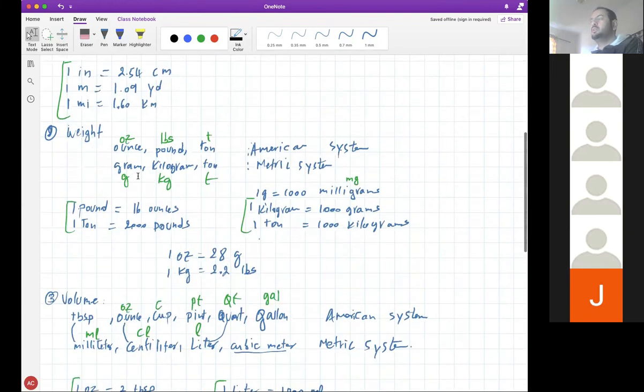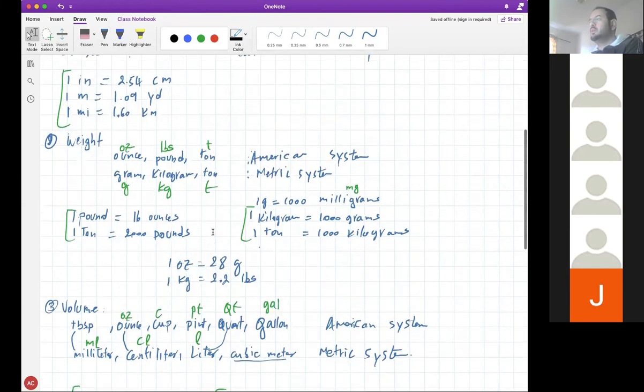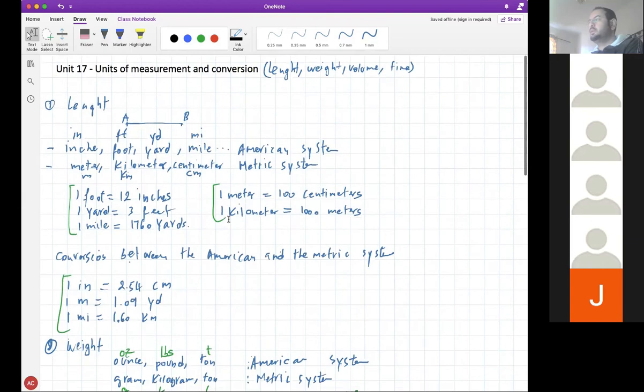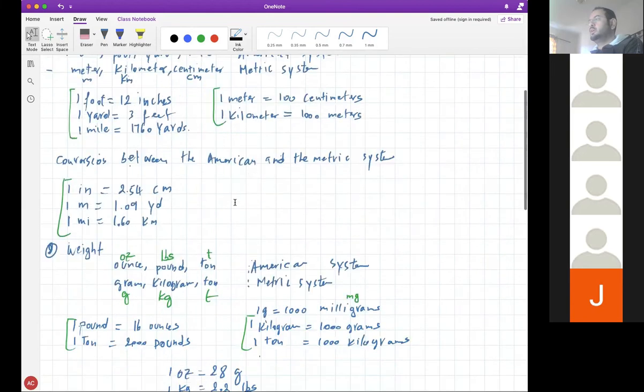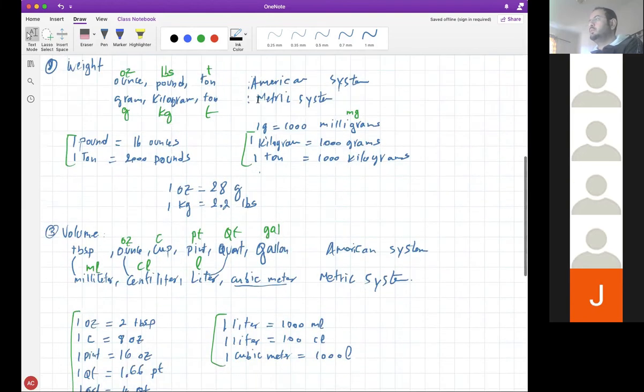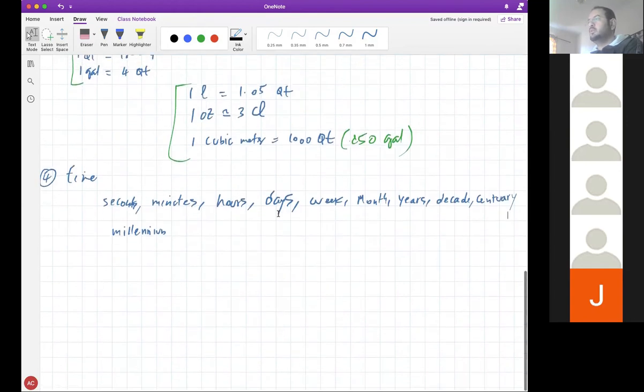For weight, it's gram. For length, it's meters. This is what we call the metric system, or international. Each country may have its own units like these, but time is about the same everywhere.